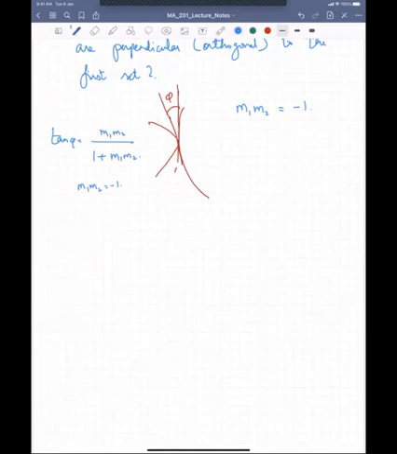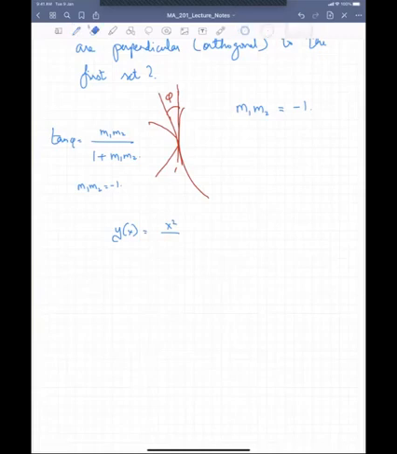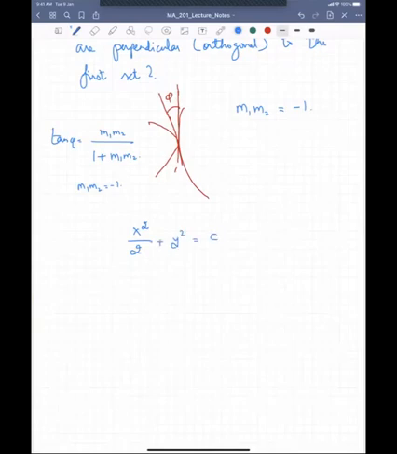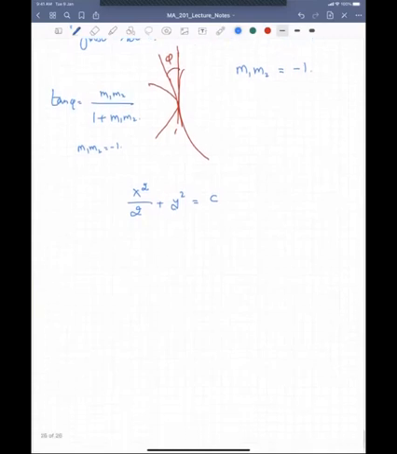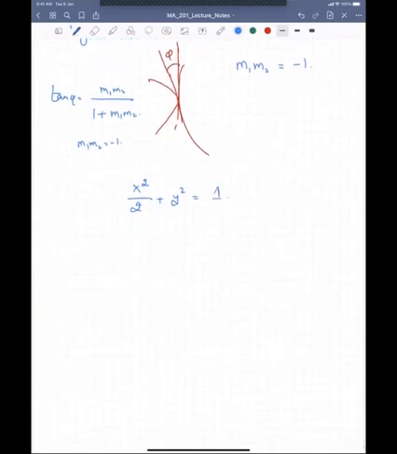Suppose I'm giving you one set of curves. Let us take the same example in your book: x square over 2 plus y square equals some c. This is a family of ellipses, because if I told you instead that this is equal to 1, then this is one ellipse with some semi-major axis and semi-minor axis.